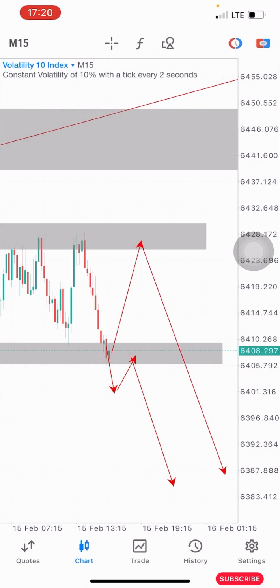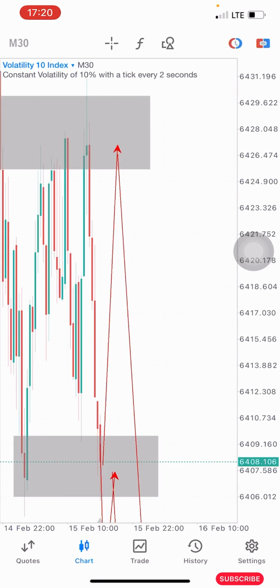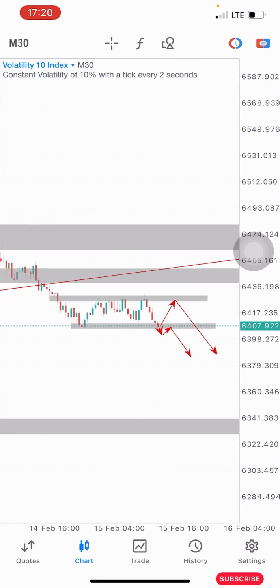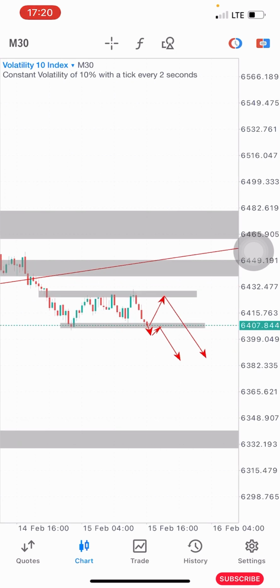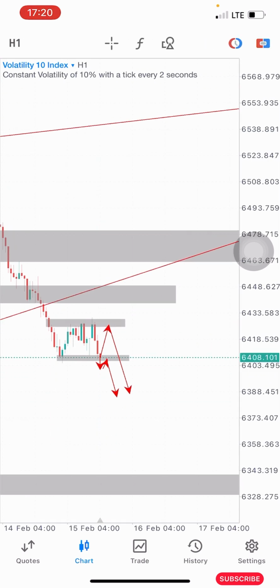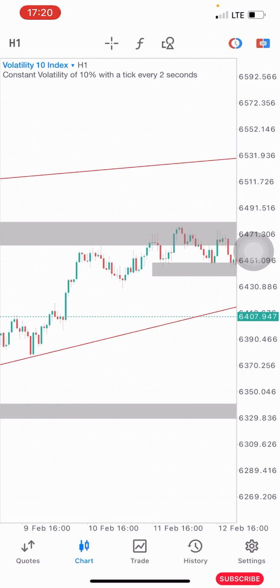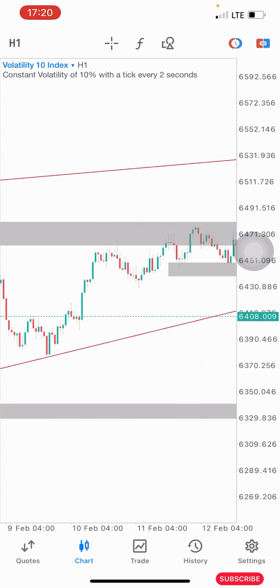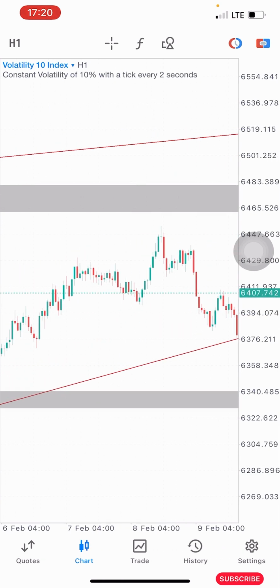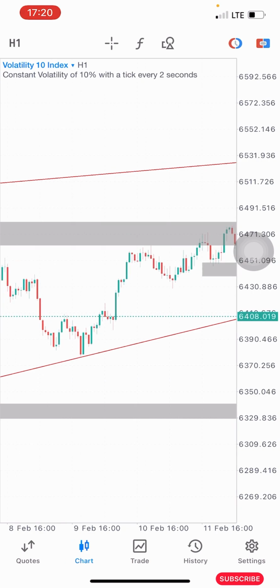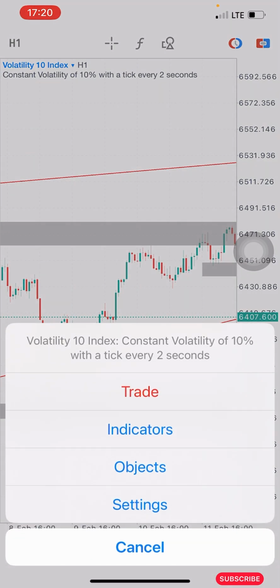All right, so these are the two ways we are to go about this. These are the two ways I plan on taking entry in the market with my setup. And as you can see from the 1 hour time frame, the nearest support and resistance zone we have got here is around this area.